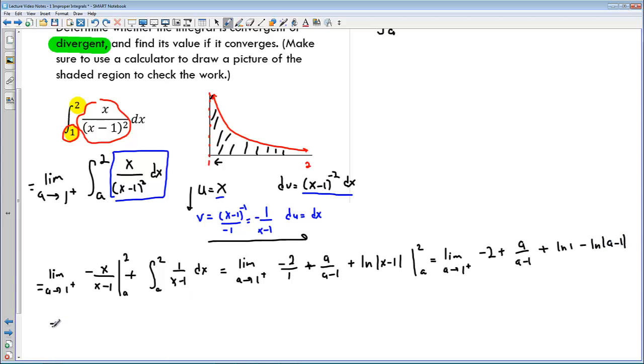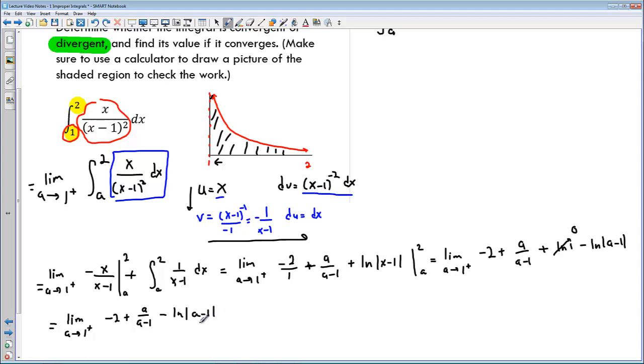And so let's clean this up just a little bit, because ln of 1 is equal to 0. And so what happens now is we get a limit as a goes to 1 from the right of negative 2 plus a divided by a minus 1 minus ln of a minus 1.